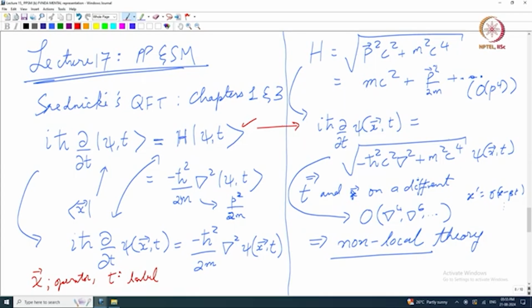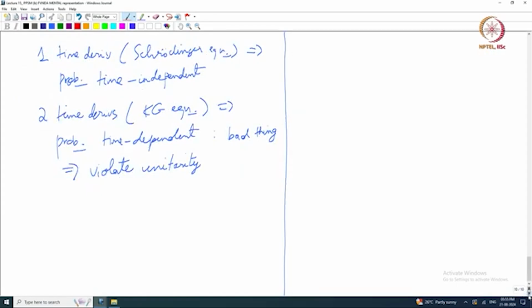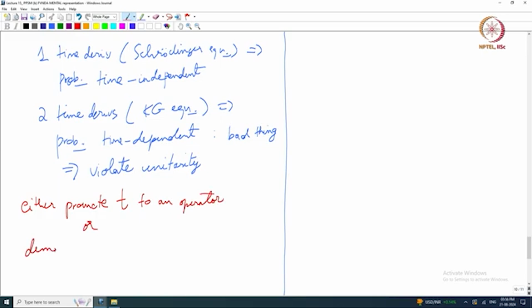Alright. Put differently, we have to find a way to either promote time to an operator or demote position to a label like time.